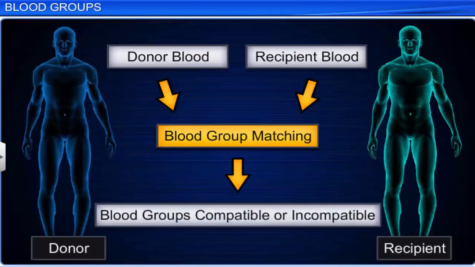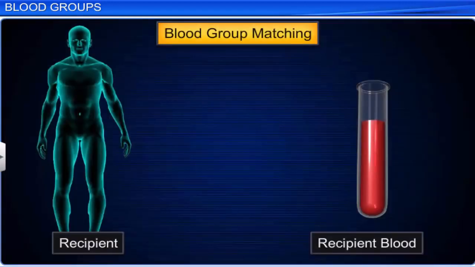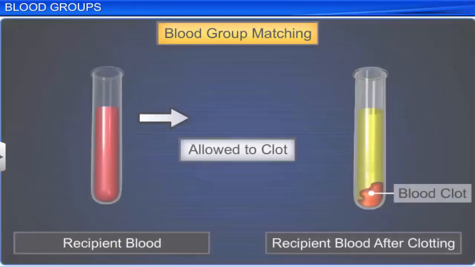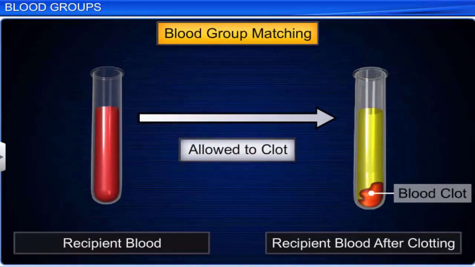Blood group matching is a means to check if donor and recipient blood match or are compatible with each other. First, a small quantity of blood is collected from the recipient. Then the blood is allowed to clot, which produces an extract, that is, an amber-colored fluid called serum.